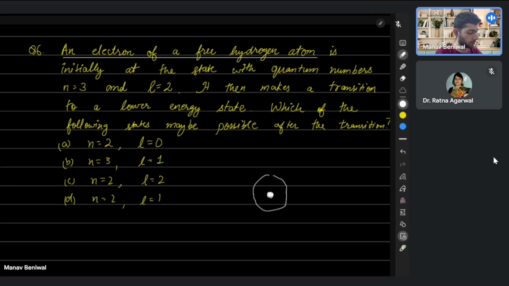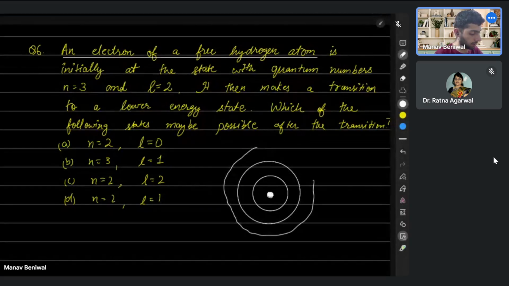Let's say this is n equals 1, this is n equals 2, and this is n equals 3. So initially our electron is somewhere in n equals 3, with L equals 2.